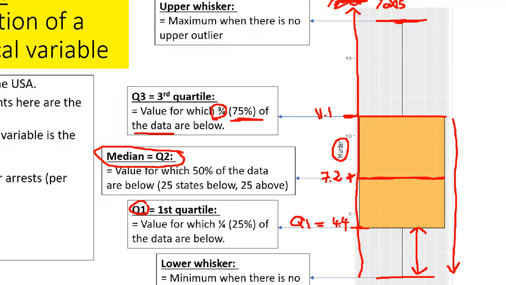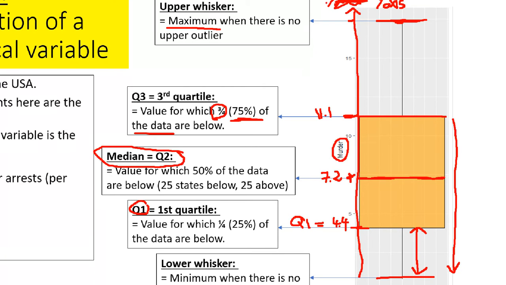The upper whisker is the maximum of the data when there is no upper outlier, okay? So here there are no outliers. This is the value of the state that has the most murders, the highest number of murders.